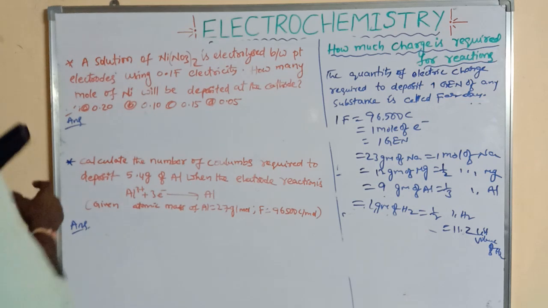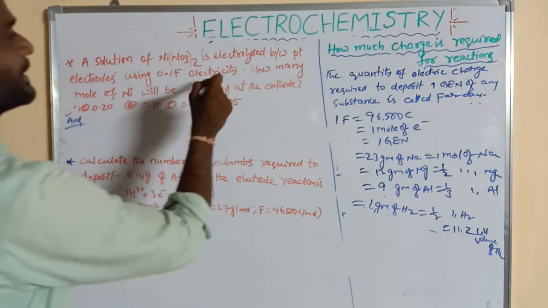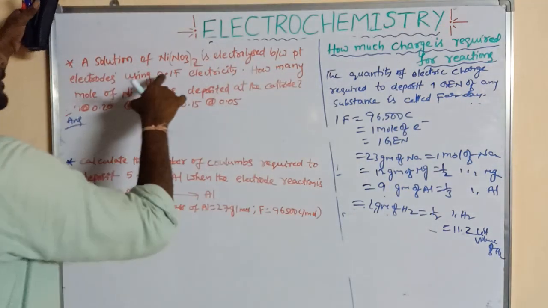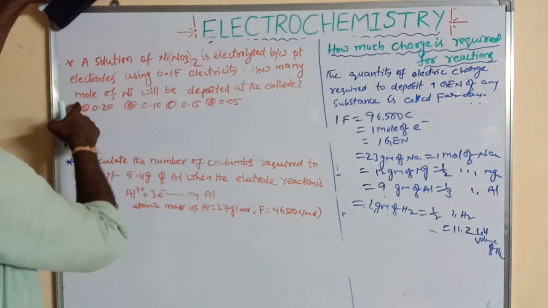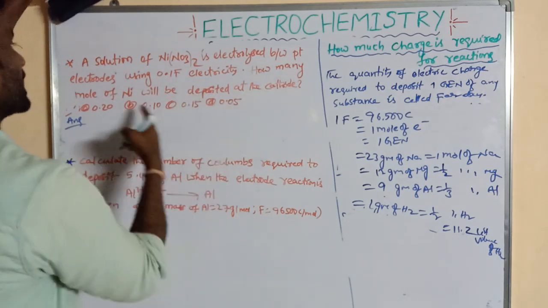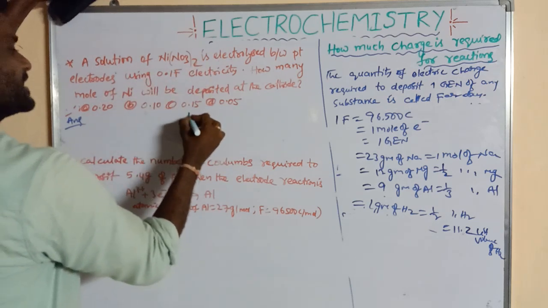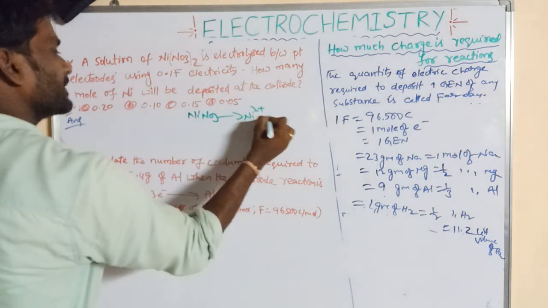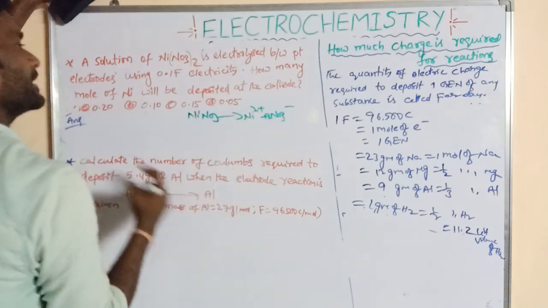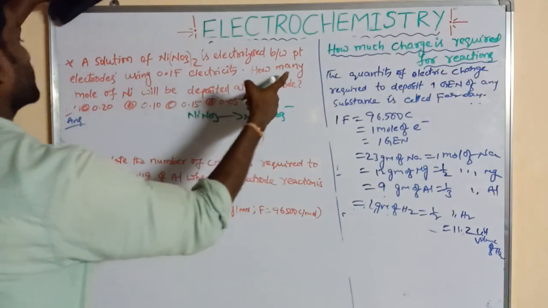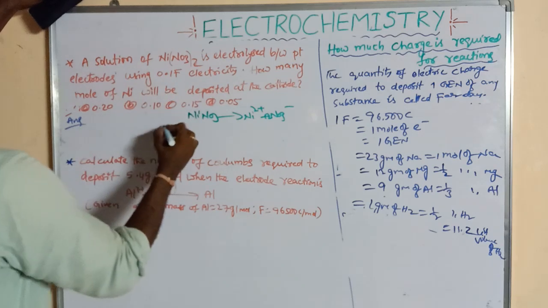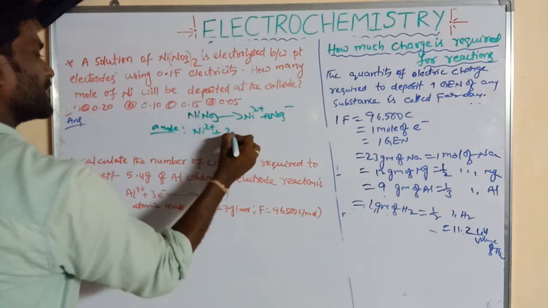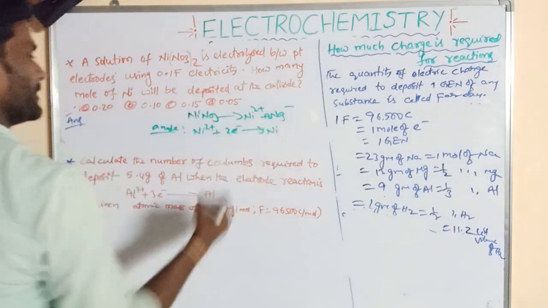Now, according to this: a solution of nickel nitrate is electrolyzed between platinum electrodes using 0.1 Faraday electricity. How many moles of Ni will be deposited at the cathode? Ni(NO3)2 is ionized to Ni2+ and 2NO3-. Deposition happens at the cathode: Ni2+ gains 2 electrons to give Ni.